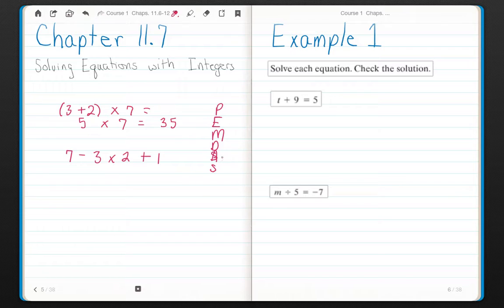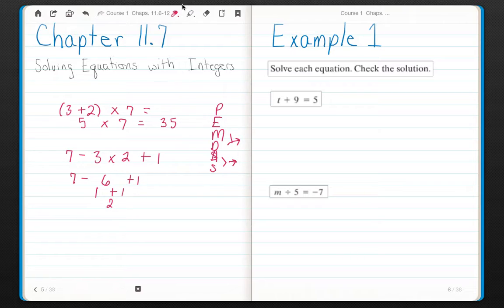You get it, okay? I would have to multiply first. So 3 times 2 is 6, and then plus 1. And now I add and subtract left to right. So 7 minus 6 is 5. Just kidding. 7 minus 6 is 1. 1 plus 1 equals 2.